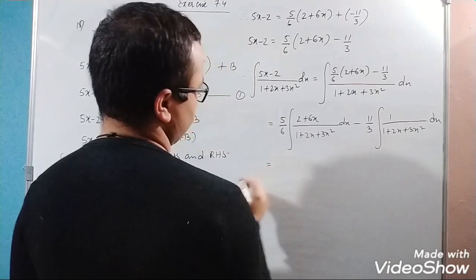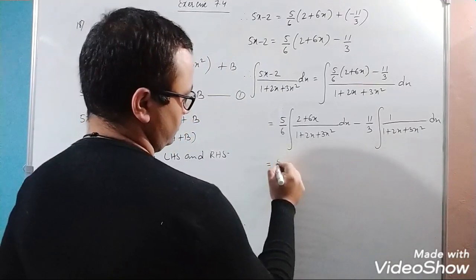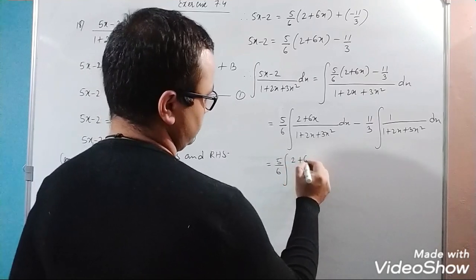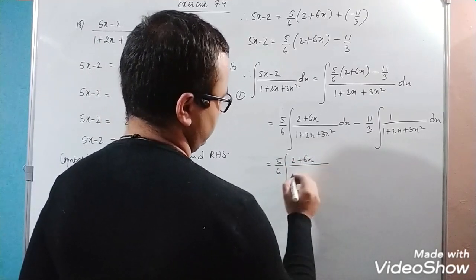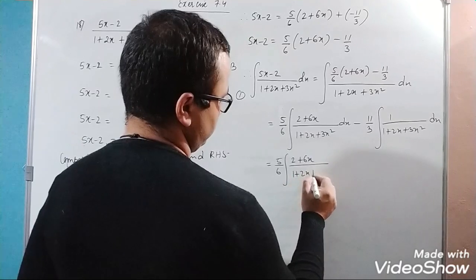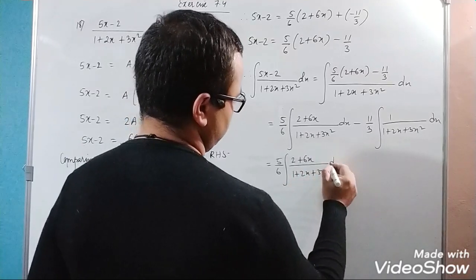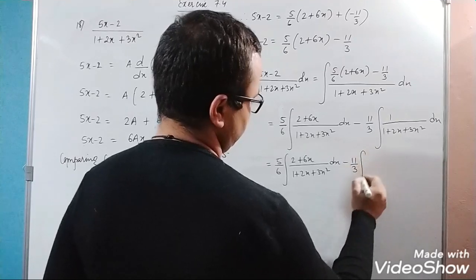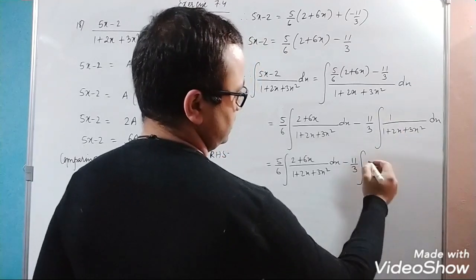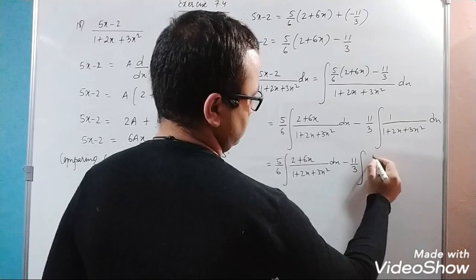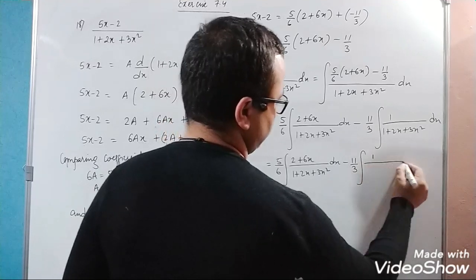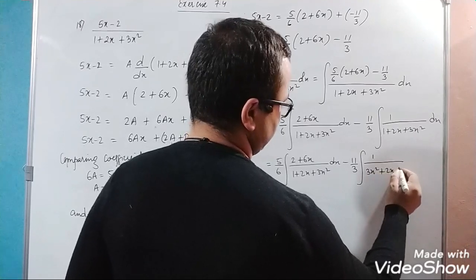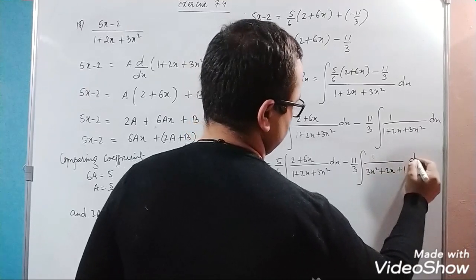So this equals 5 by 6 integration of 2 plus 6x divided by 1 plus 2x plus 3x square dx minus 11 by 3 integration of, now arranged in the order, 1 by 3x square plus 2x plus 1 dx.